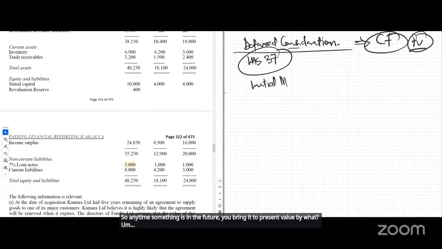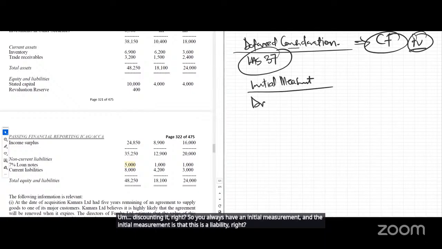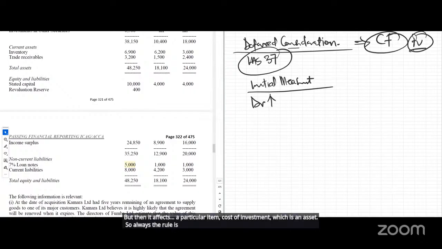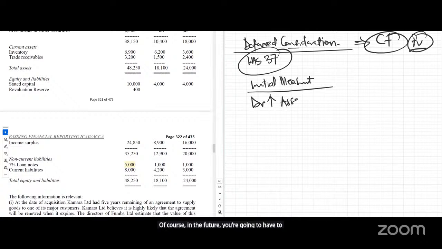So anytime something is in the future, you bring it to present value by discounting it. You always have an initial measurement, and the initial measurement is a liability, but it affects a particular item, cost of investment, which is an asset. So the rule is that when it comes to dismantling or any cost in the future, you debit some asset or expense and you credit a liability. That's the very first time you do it.